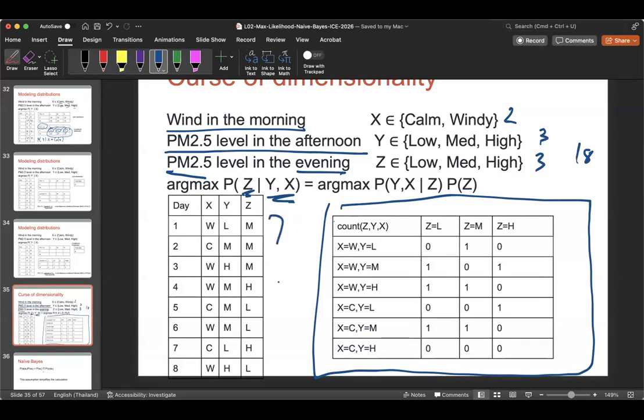But I only have 9 data points. So I can put in all the counts for my 9 data points, but I have fewer data points than combinations. So some of my table here will have 0 probability. This is the problem.